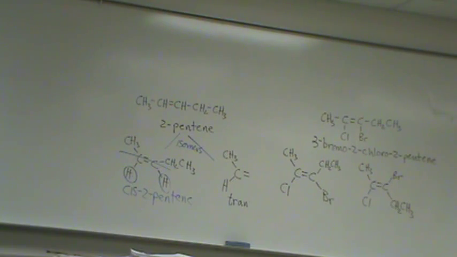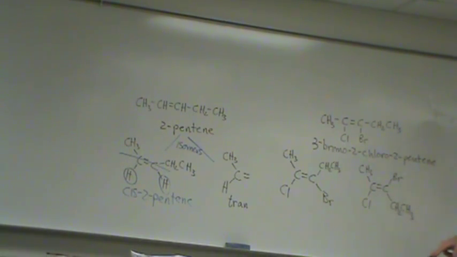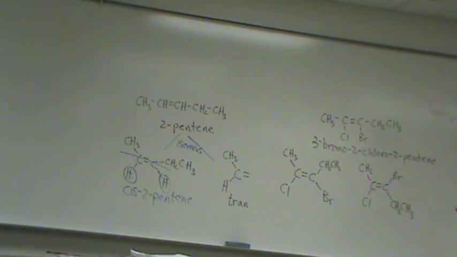Okay, you can see they're different, aren't they? Changed them here. Changed 2 groups on the same carbon, didn't I? What kind of stereoisomers are those called if I change 2 groups on the same carbon and get something different? Chapter 5.